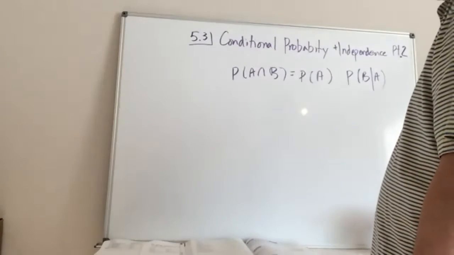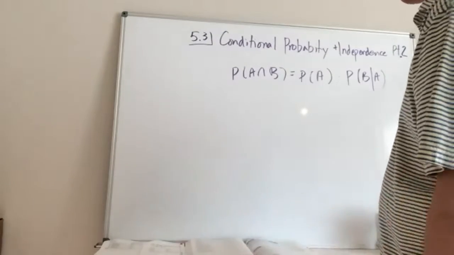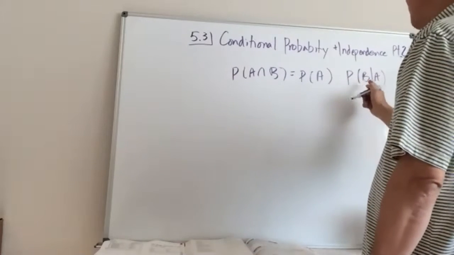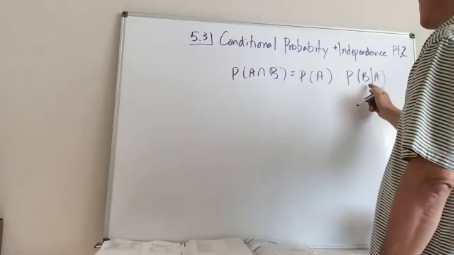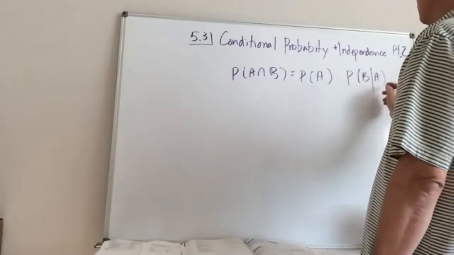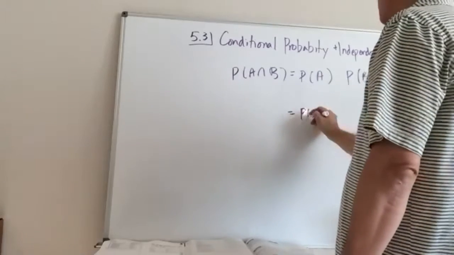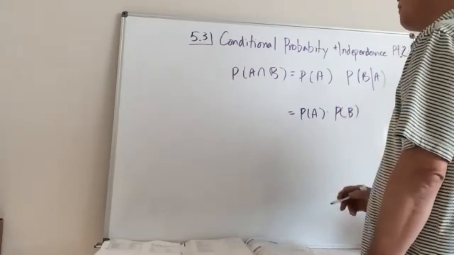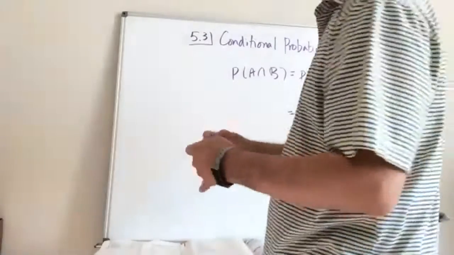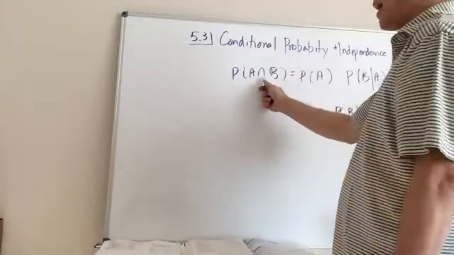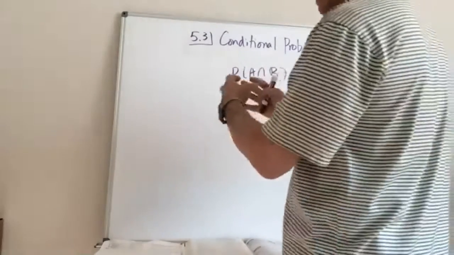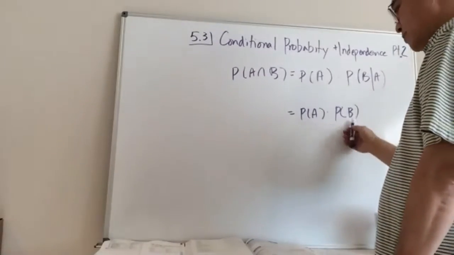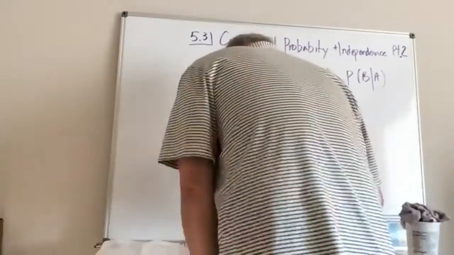If I'm independent, what happens here? What is this guy here? If A and B are independent, this is the same as just P(B). So P(A) times P(B). If they're independent, the probability of A and B, the intersection of A and B, is nothing more than P(A) times P(B). Okay?